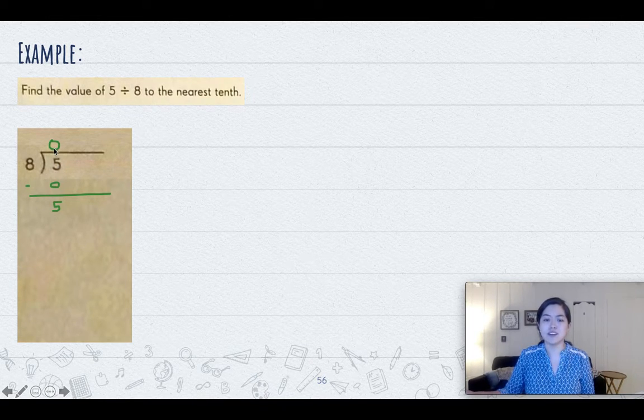It's 0, right? 8 times 0 is 0. If I do 8 times 1, it'll be 8. And I cannot do, right now in this case, 5 minus 8 for long division. Okay, so I'm going to just put a 0 here. Okay, and I know that 5 here is the same thing as saying 5.0.